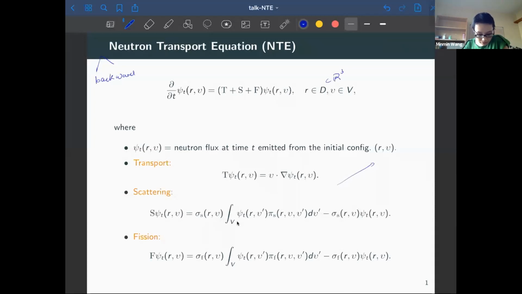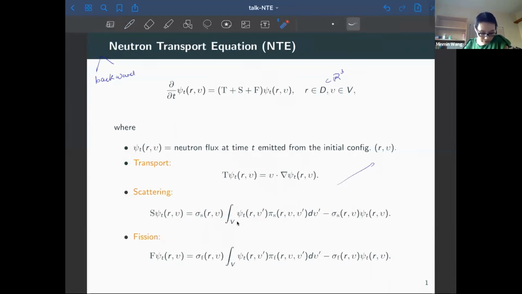What can happen to the neutron is that at some rate, sigma_s, it could switch to a new velocity, and this new velocity is picked with probability according to the density function pi_s.